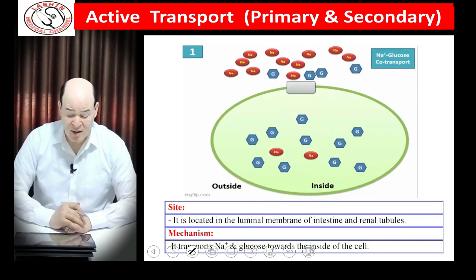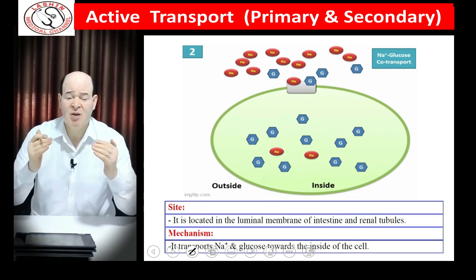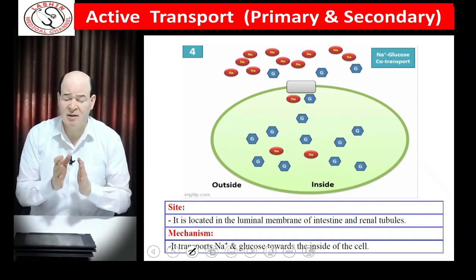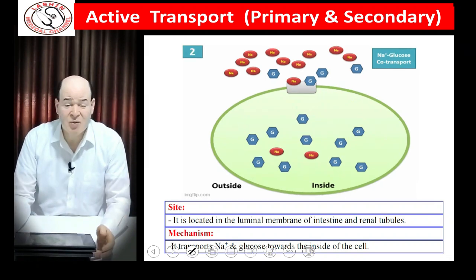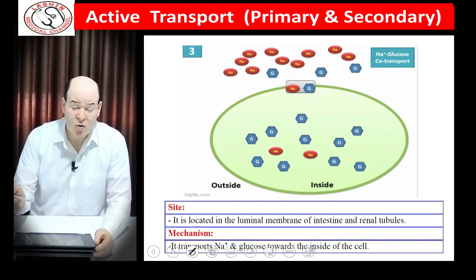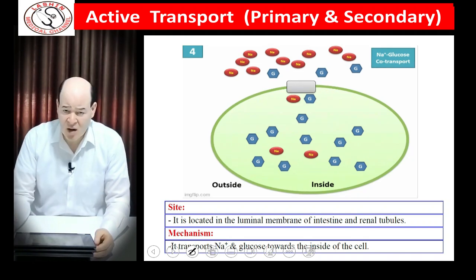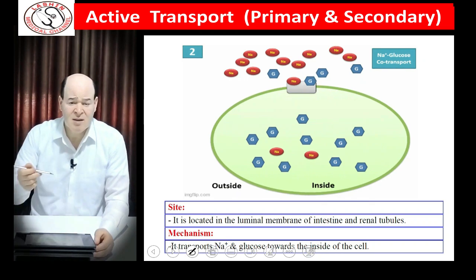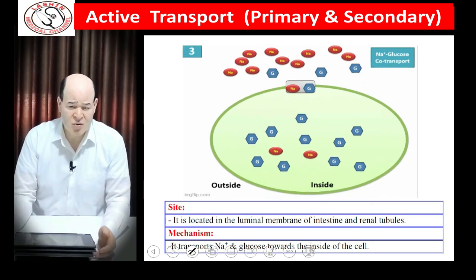You can note well that sodium is transmitted from high towards low, from outside to the inside. However, the accompanying substance, which is the glucose, moves from low towards high concentration, from outside to the inside in the same direction as sodium, so the process is called sodium glucose cotransport.